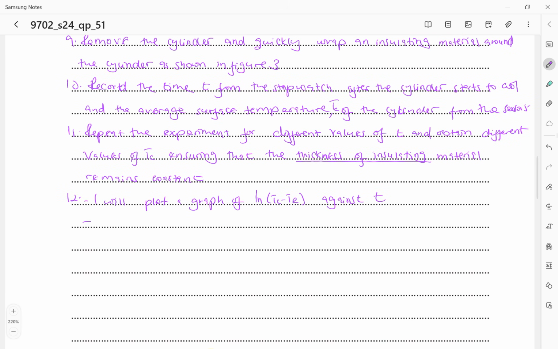And this is now analysis. If the graph is a straight line with a y-intercept equal to ln of Z, then the relationship is valid.